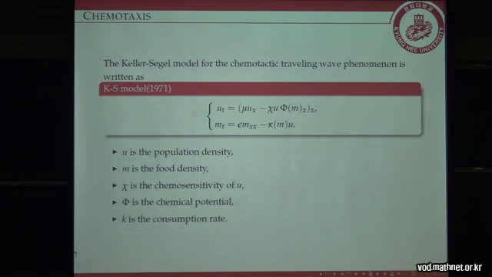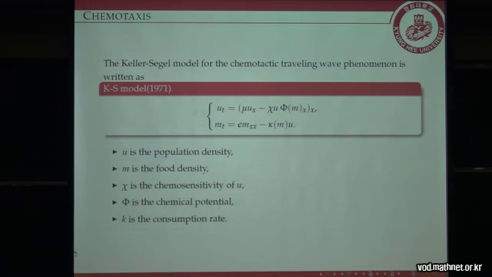This is a system. U is population density, so U is U of x, t, and N is food density or some morphogen. Here this one is chemosensitivity, and this phi is chemical potential, and this kappa is consumption rate.